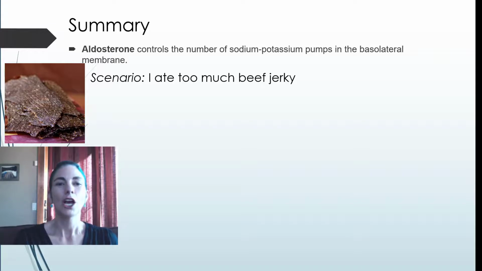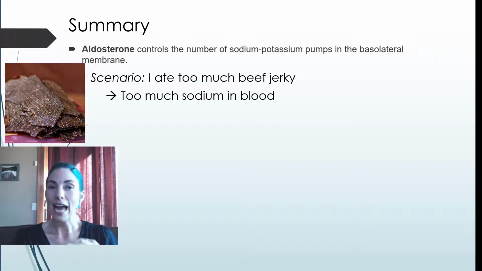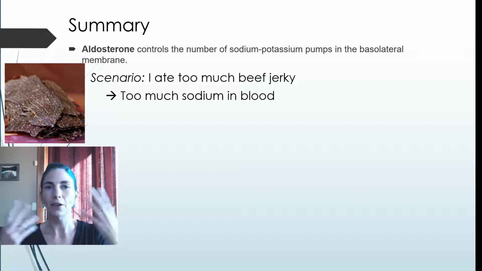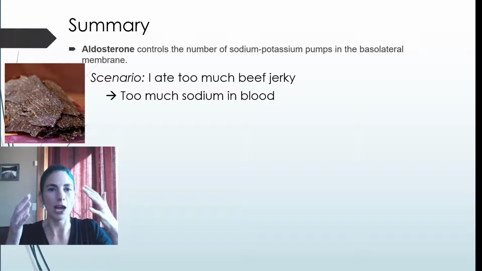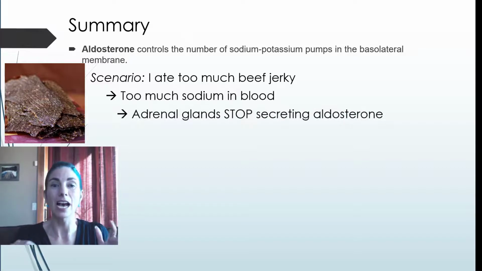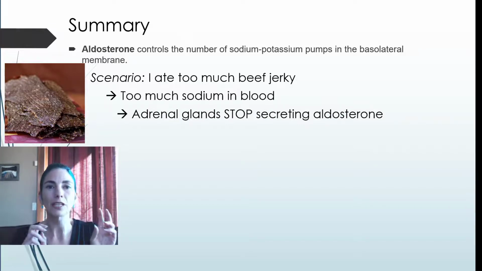Okay. So if I eat too much beef jerky and I eat all that salt, then all that salt is going to get reabsorbed into my blood. So now my blood has too much sodium and I want to get rid of some of that extra sodium. So what do I do? My adrenal glands are going to stop secreting aldosterone.